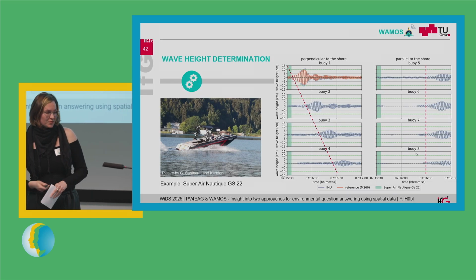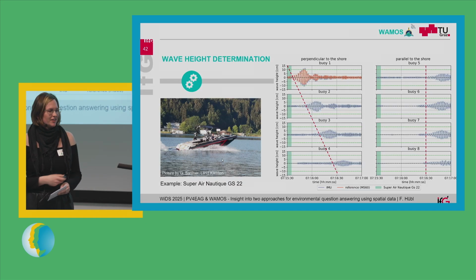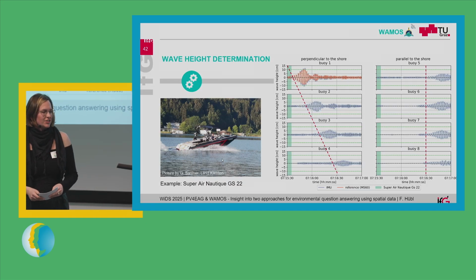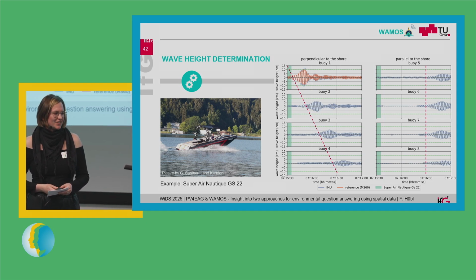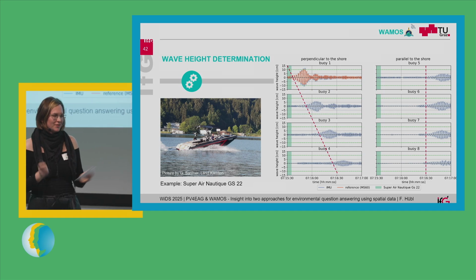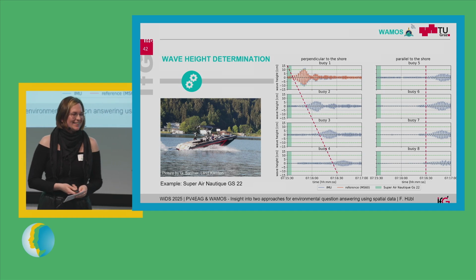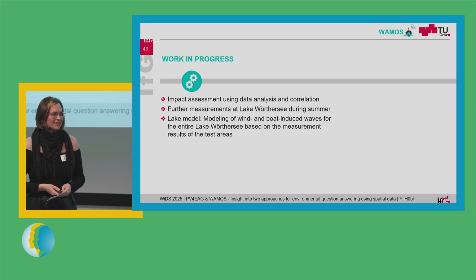As an example, we have a really fast boat here at Lake Wörthersee, the Super Aeronautic GS22, one of our favorites at the test measurements. So there we really can see a wave, and we don't have to separate wind from boat wave a lot. So, work in progress.